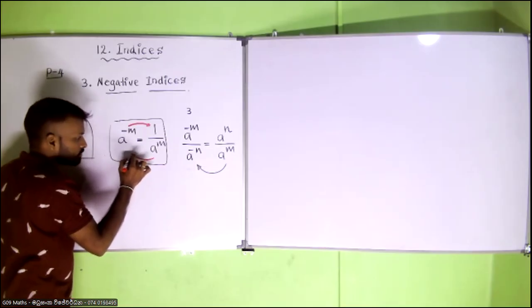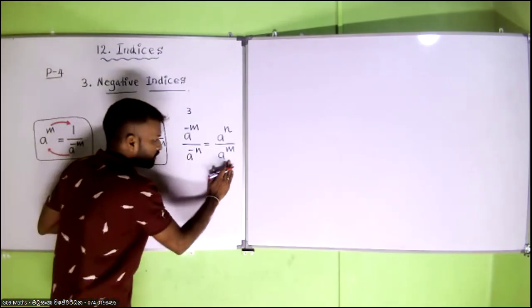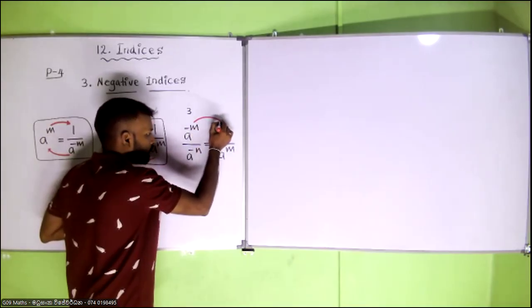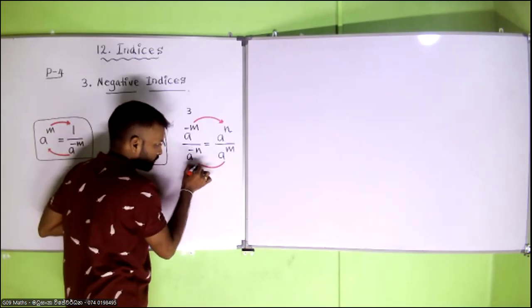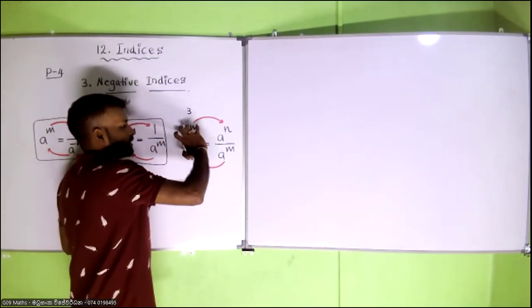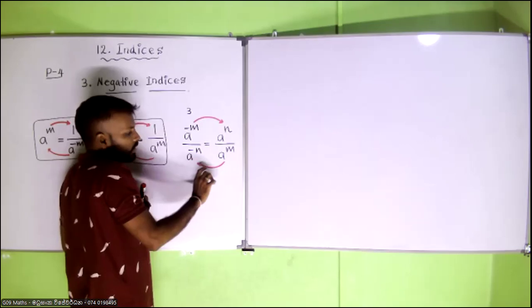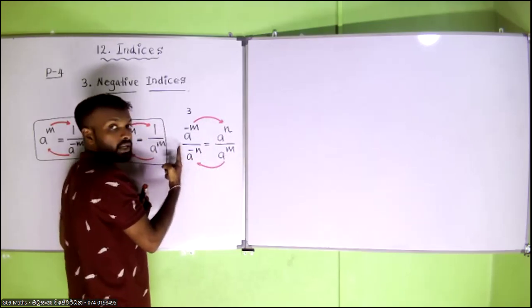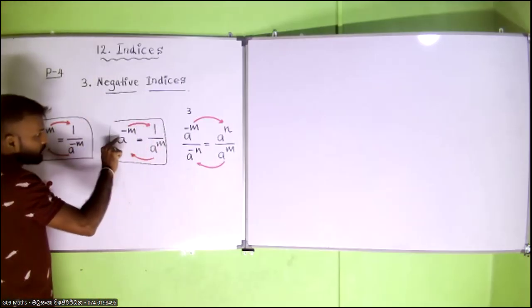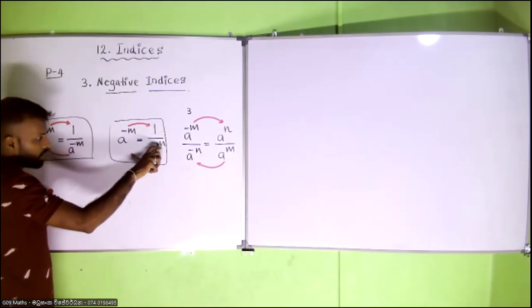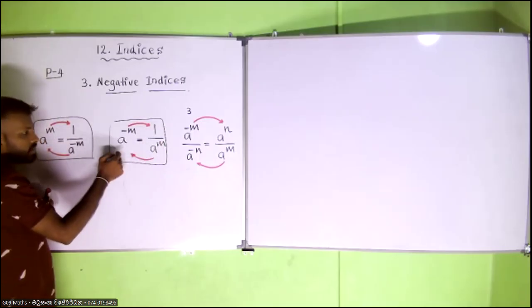That means you can either represent this way or you can represent this division like this by negative. And you can write 1 upon a to the power m backward like this.